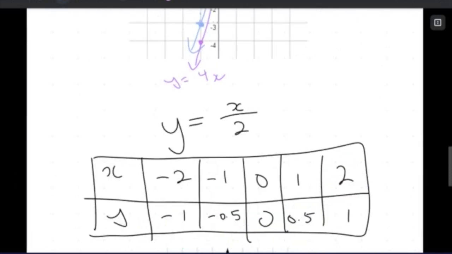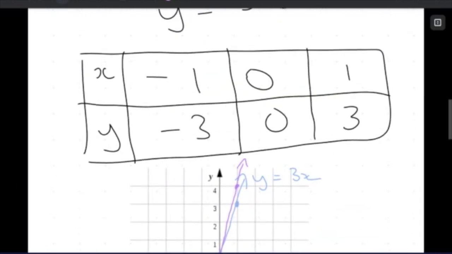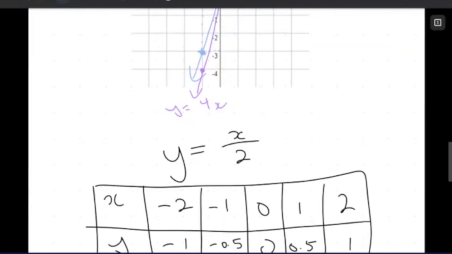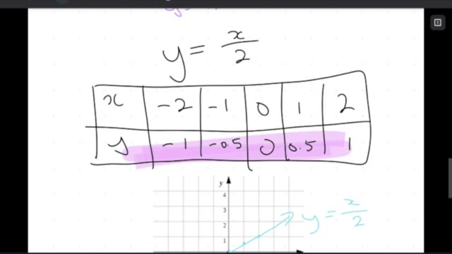Because in all of our other cases, the intervals between y values were more than the intervals in the x values. But here, the intervals in the y move at half the speed of my x intervals.